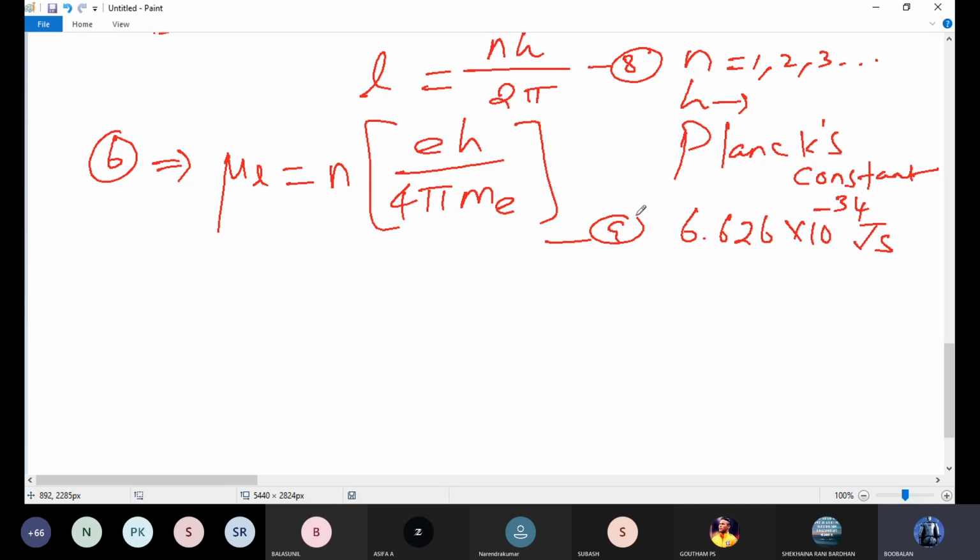Clear? So e is the electron charge, 1.6 into 10 power minus 19, and the pi value and h are also constants. Based on the given data, we will get the proper answer.